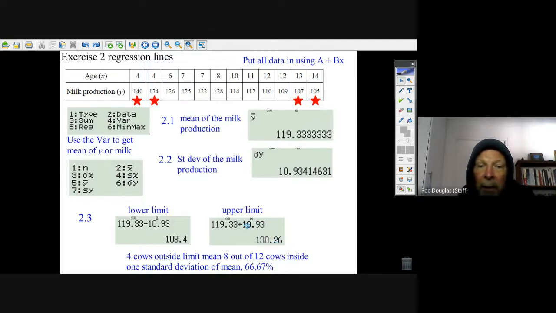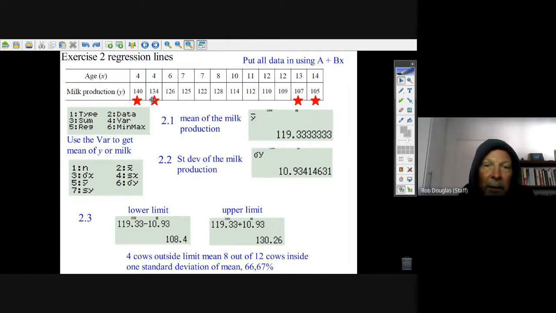That's the upper limit. That's one standard deviation more than the mean. And then you go back in your calculator, put a minus, 119 minus that. That's the lower limit of the milk production, the mean minus a standard deviation.